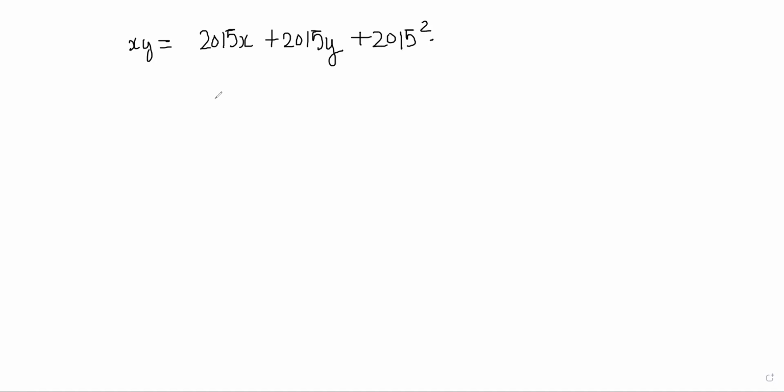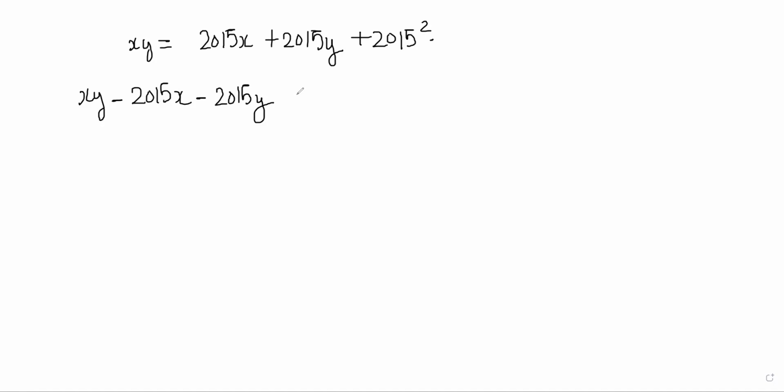And we have to find the number of possible solutions for this equation where x and y are also integers like T1 and T2, right? So this can be solved by factorizing the x and y terms.